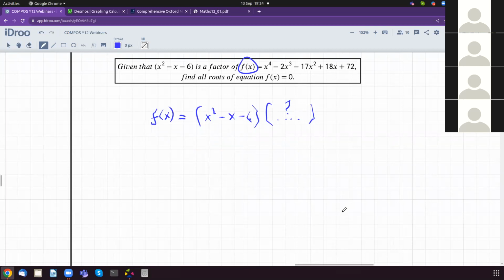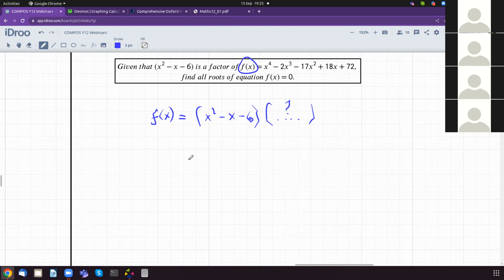Okay, if you're familiar with long division for polynomials, type 1. If you are not familiar with long division, please type 0. Okay, so about 50-50.